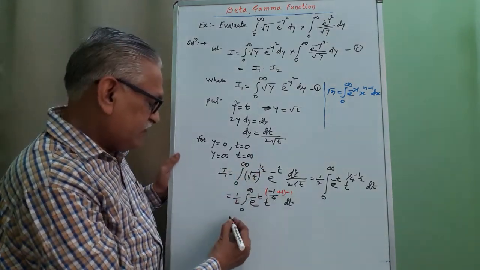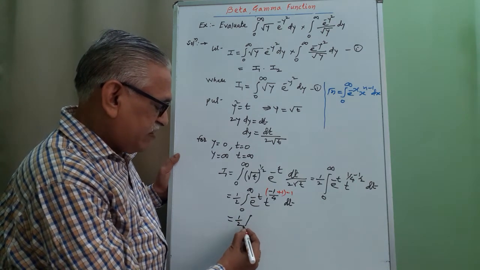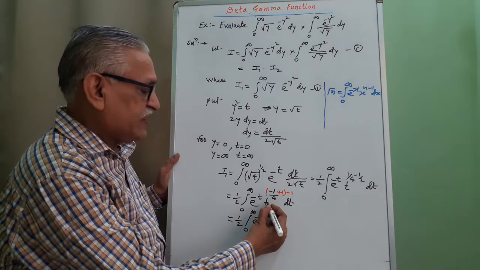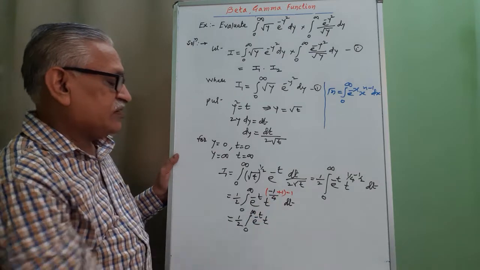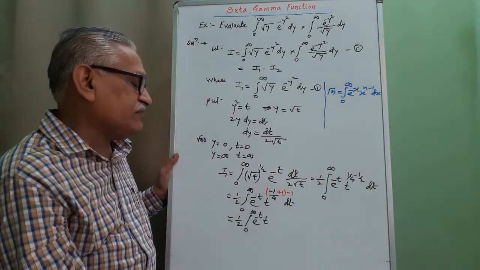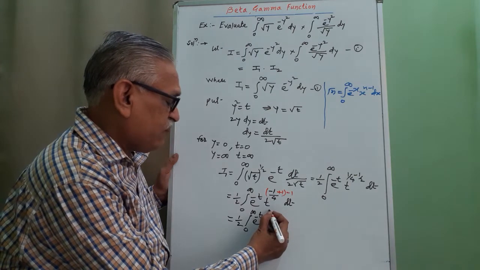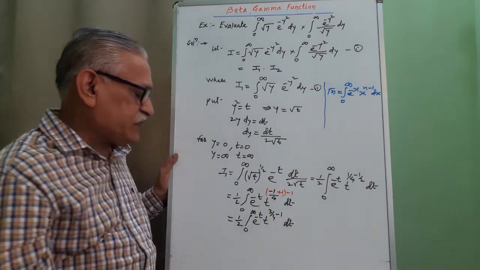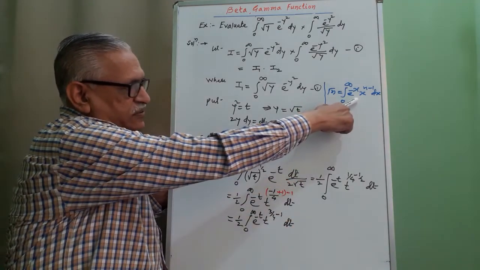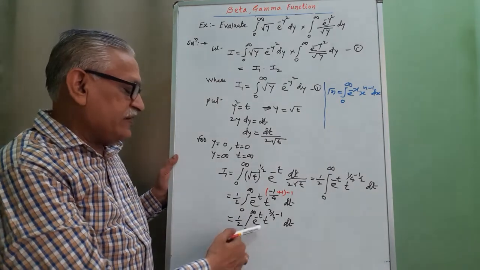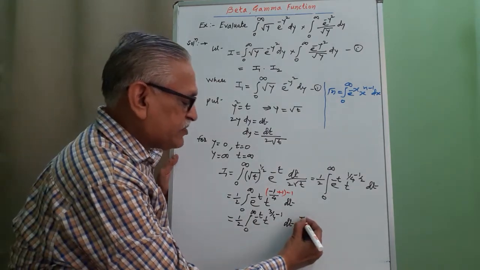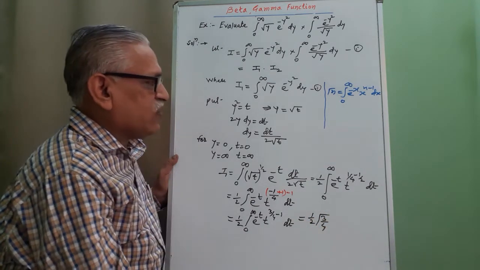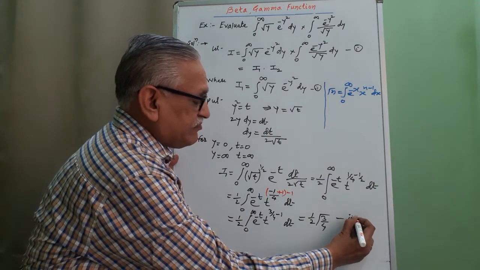Therefore it becomes 1 by 2 integral from 0 to infinity e raised to minus t and t raised to 4 minus 1, that is 3 by 4, minus 1, and its integration with respect to t. Comparing this with this form, it is gamma n, here n is 3 by 4, and therefore it becomes 1 by 2 gamma of 3 by 4. We call this equation 3.